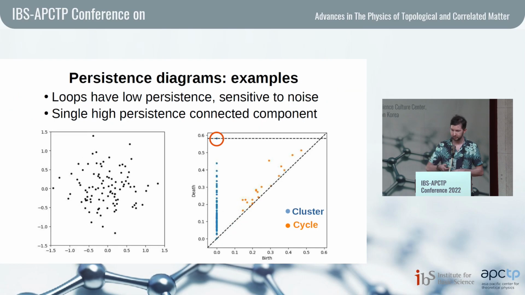Here's another example where we have a cloud of points drawn from just a Gaussian distribution in 2 dimensions. In this case, there are no cycles. So we see all the one-dimensional features here, in orange, have very low persistence, and they're merely induced by noise.